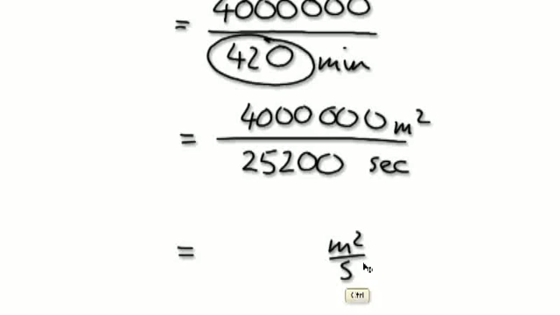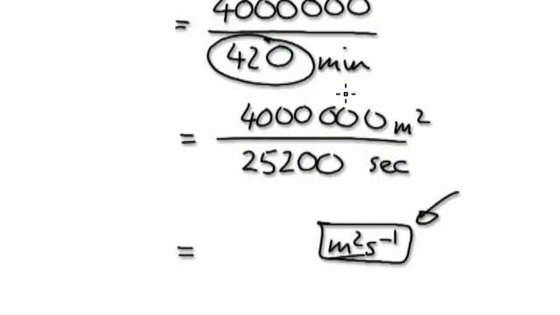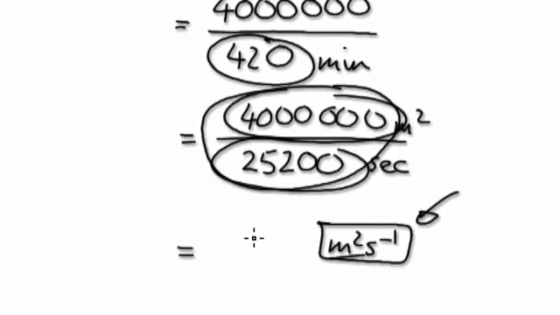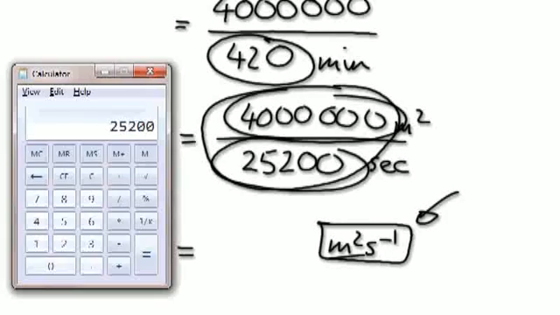I could write it per second like this, or I could write it like this. For some reason, I like this. If you get this divided by this here, you would get a whole number, and that would represent an area per second. So let's just do it.